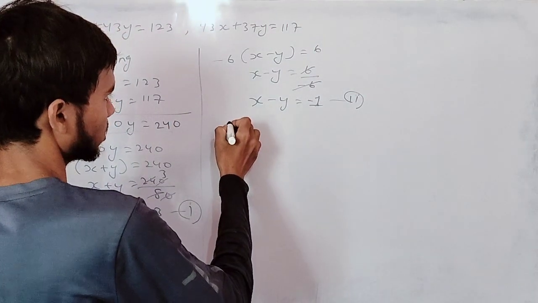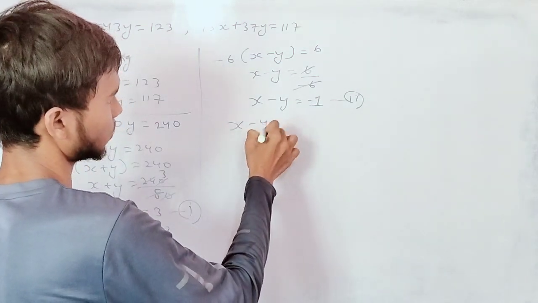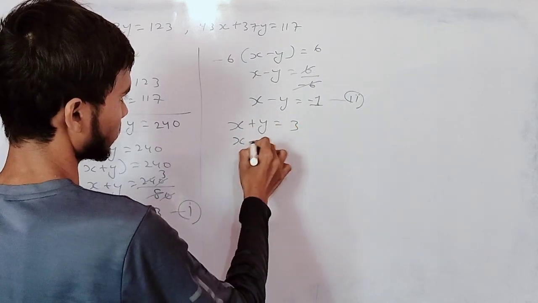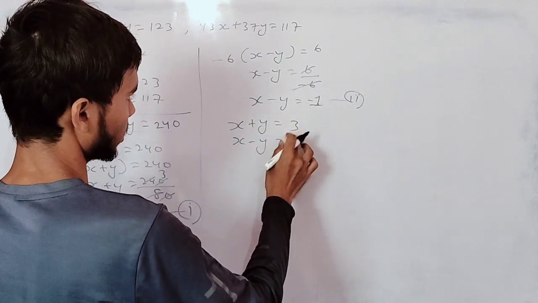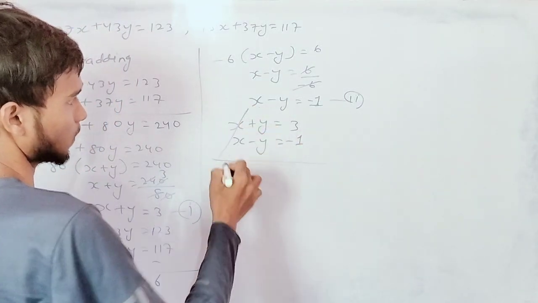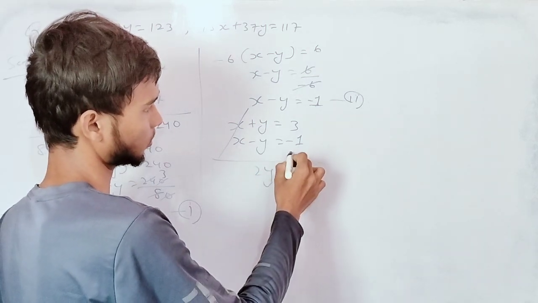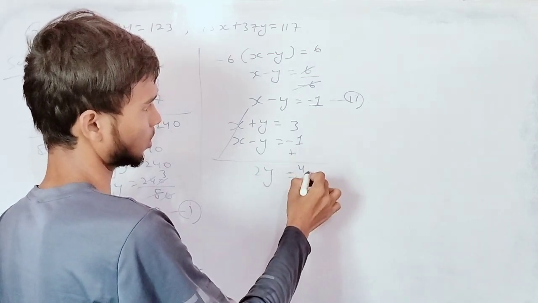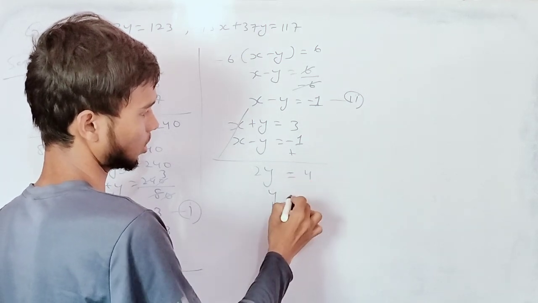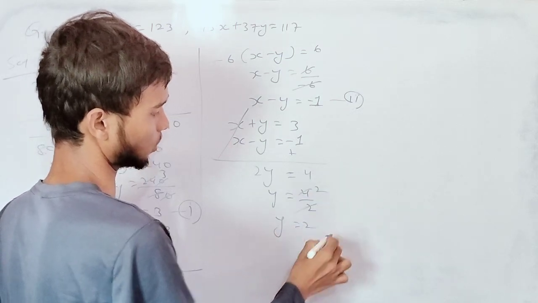Now, by using the elimination method, x plus y is equal to 3 and x minus y is equal to minus 1. Here 2y, okay, plus 4, y is equal to 4 upon 2, y is 2.